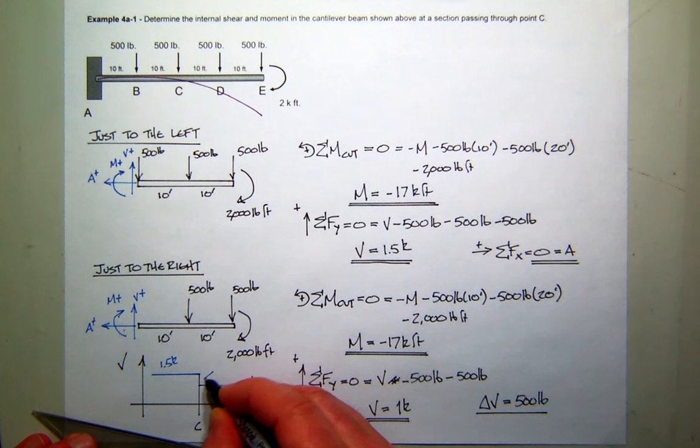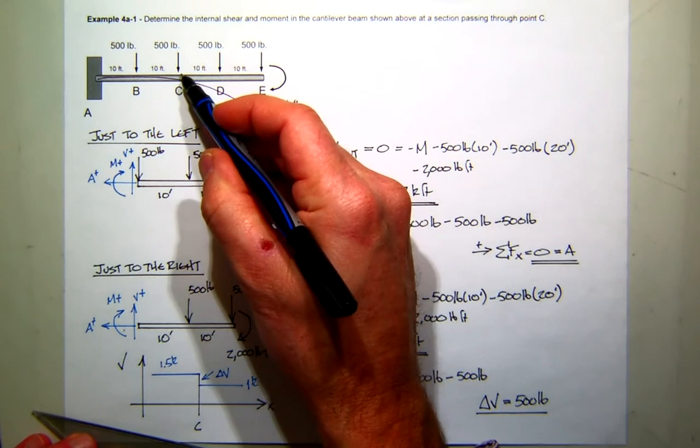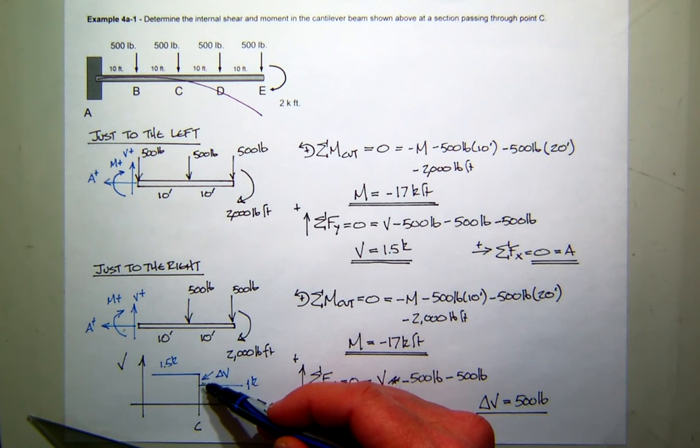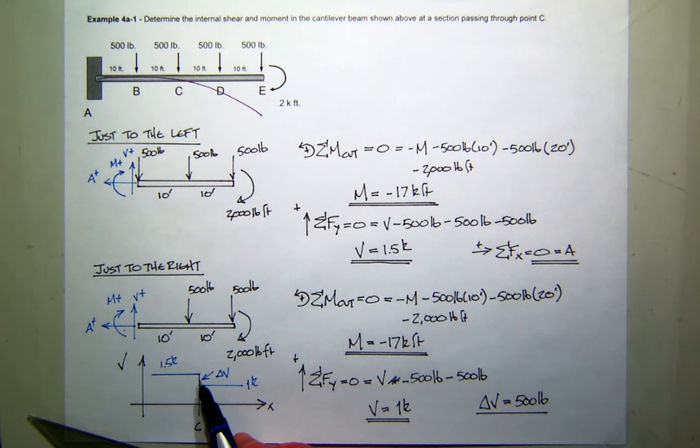And you can see that's the change in the shear right there. It's exactly equal to the force. So it's hard to say what the actual value of the shear is at C. It's multi-valued. So we always only care about the largest value, which would be just to the left. That's what you'd have to worry about.